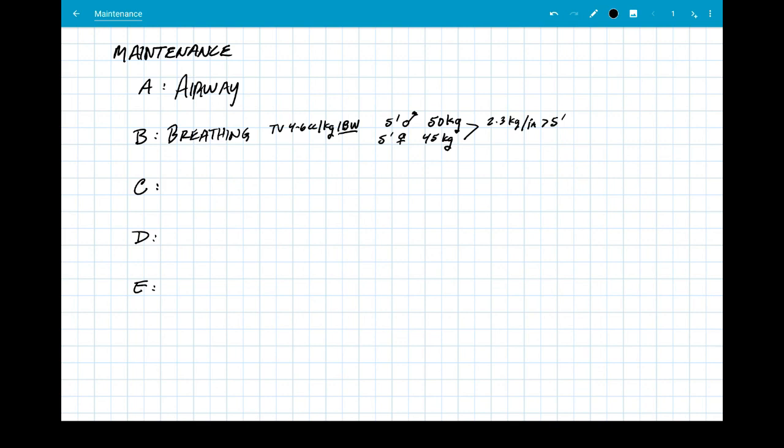For a female, if she was 5'1", 47.3 kilos would be her ideal body weight. So irrespective of the gender, 2.3 kilos for every inch above 5 foot. For males, you start with 50 kilos. For females, you start with 45 kilos.